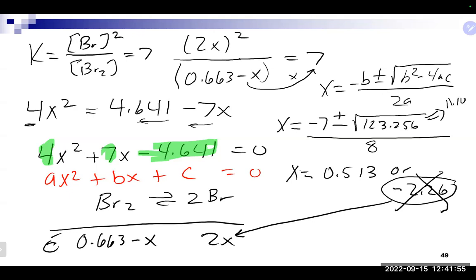That means the winner here is going to be the 0.513, and that's going to be our x value at this point. So we're now going to use that, and we're going to put it into our equilibrium line for each of them and solve for our equilibrium concentrations.